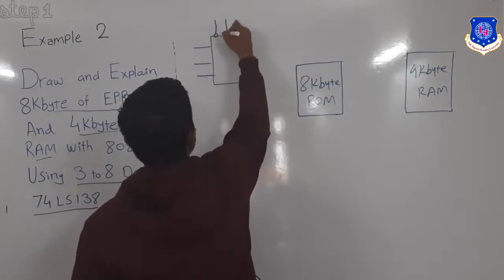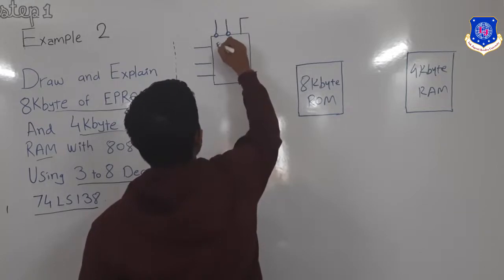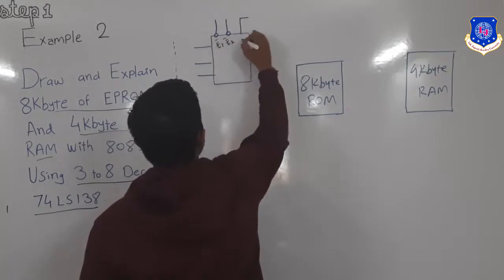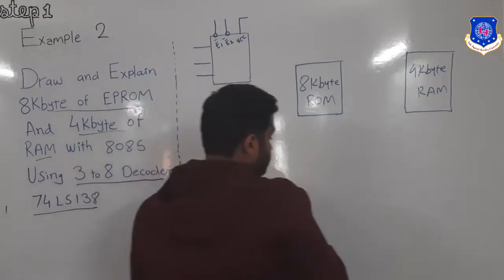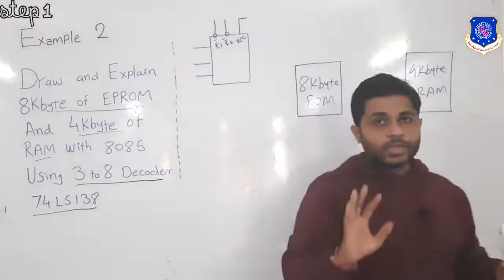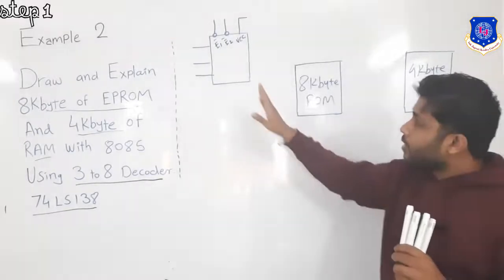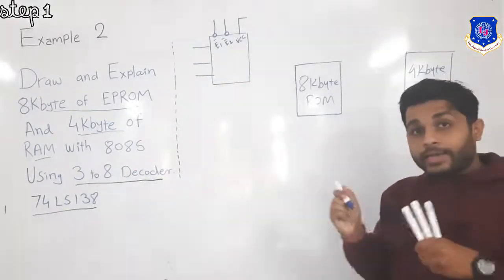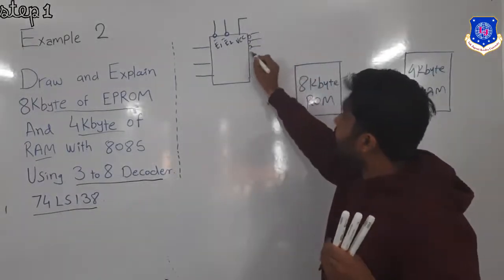The decoder has two enable pins and one VCC pin, so there are E1 bar, E2 bar and VCC. Now we have drawn these three main components. The decoder has 3 inputs and also 8 outputs, because it is a 3 to 8 decoder.